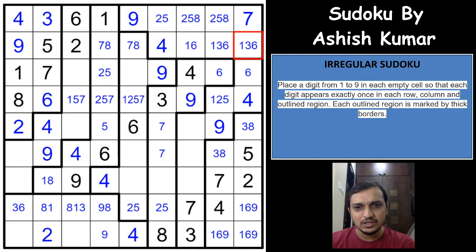In this row, 6 has to be in one of these two cells. And in this region, 6 has to be in one of these three cells. Which means that all the other possibilities of the 6 from those columns can be eliminated, and 6 cannot be in these three cells. So in this column, 6 can only be in this cell. Right?